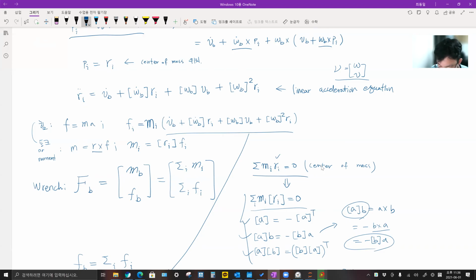So the cross product can be changed to the skew symmetric matrix.